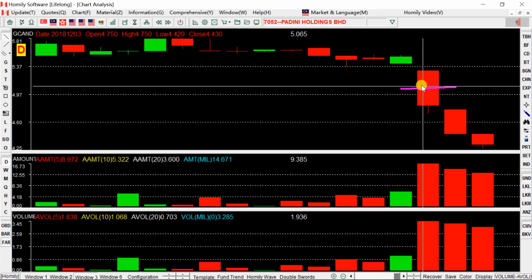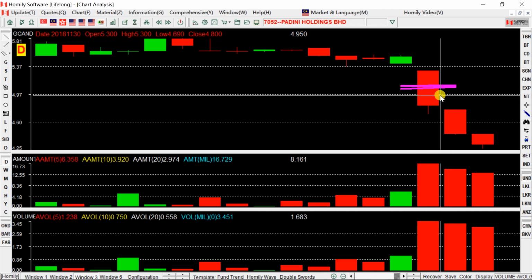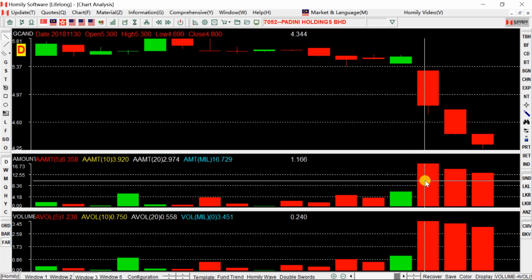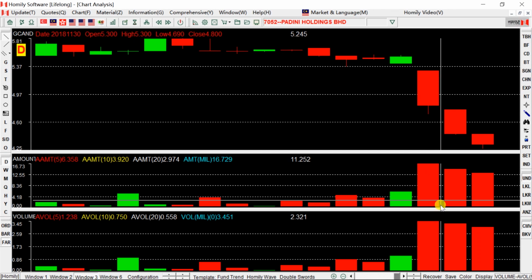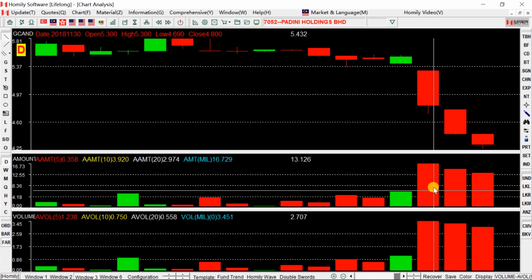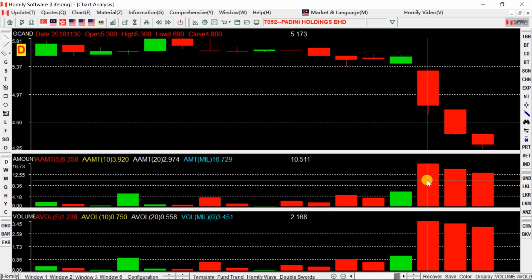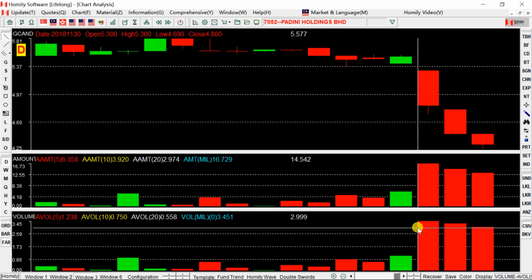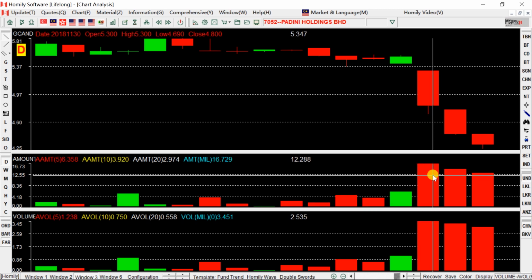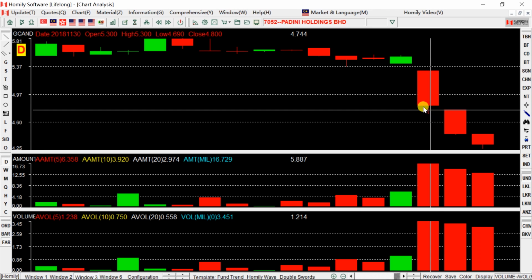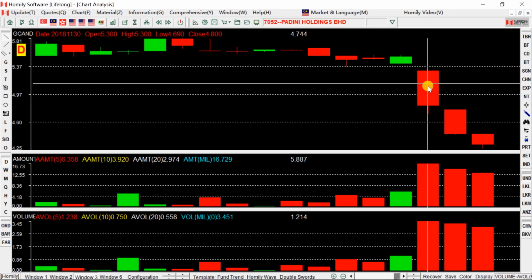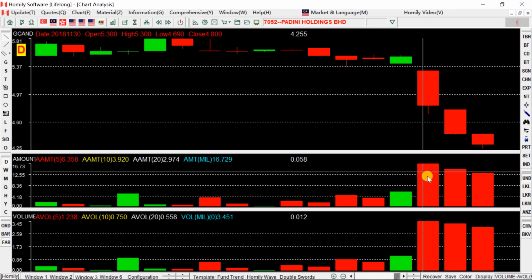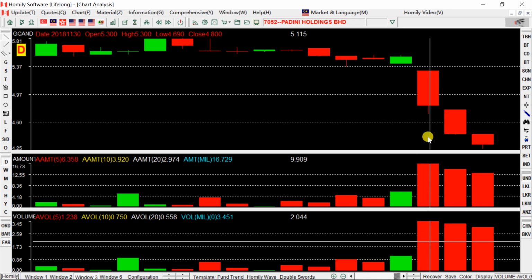For example, here is the average price. No, we need to use amount divided by volume. Why? Because volume times price equals amount. So if we want to know what the average price is that day, we need to use amount divided by volume.